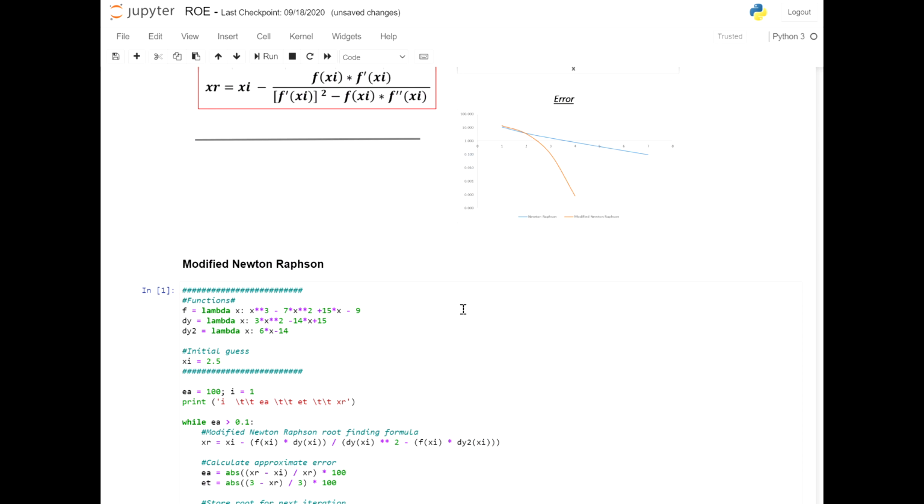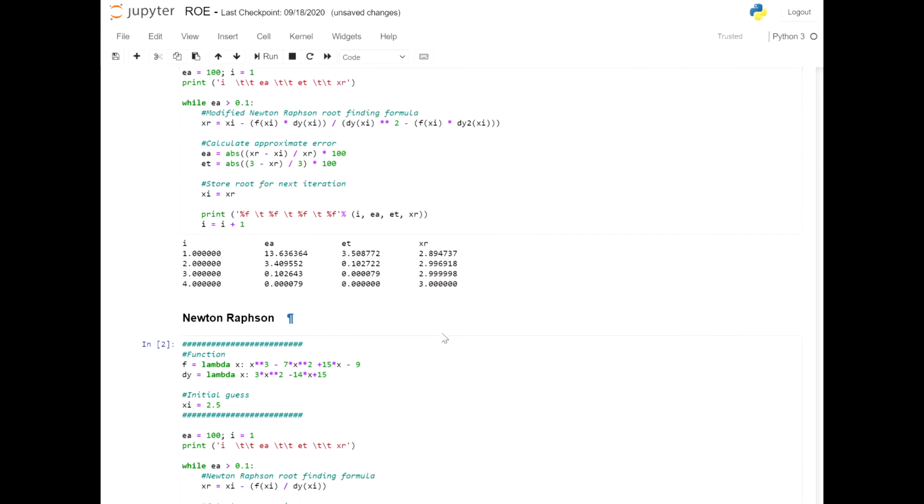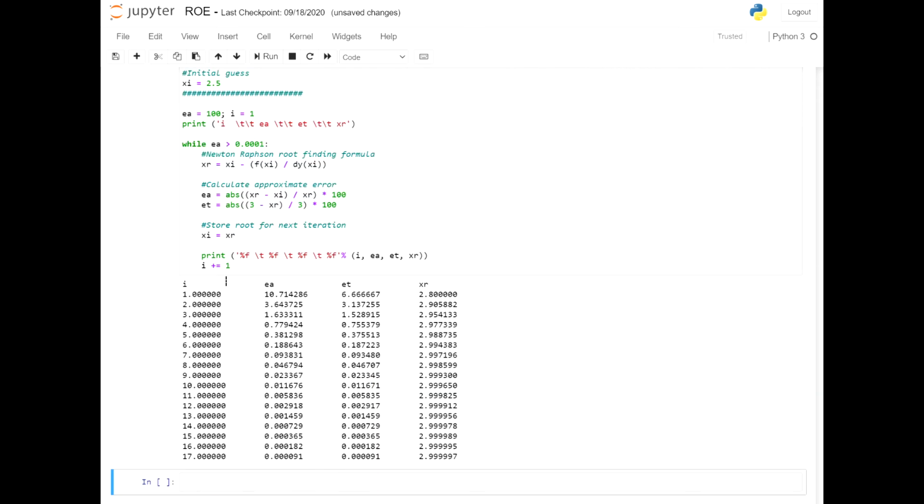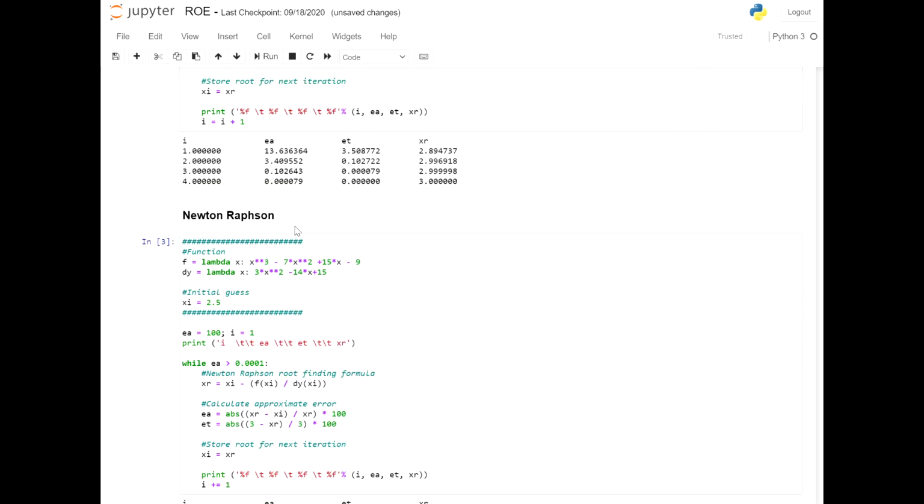Let me go through to see how many iterations it's going to take to go below 0.0001. If I use the Newton-Raphson to find the multiple root and get similar accuracy as the modified, I'm going to have to go through 17 different iterations, and you can see 0.000091, and this one is 0.000079.